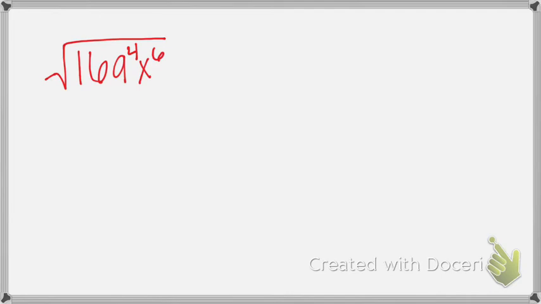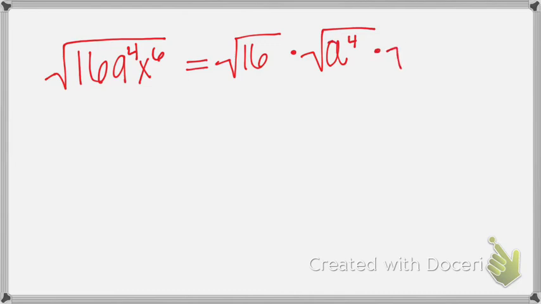I'm going to split this up: the square root of 16 times the square root of a to the 4th times the square root of x to the 6th. That is equivalent, right? All I did was break it down. Now, one thing towards the bottom I want you to write, and then put a box around it.